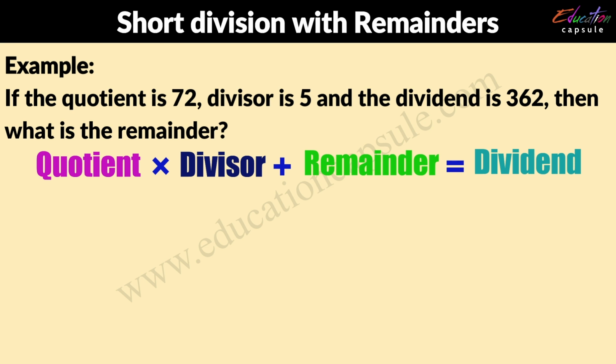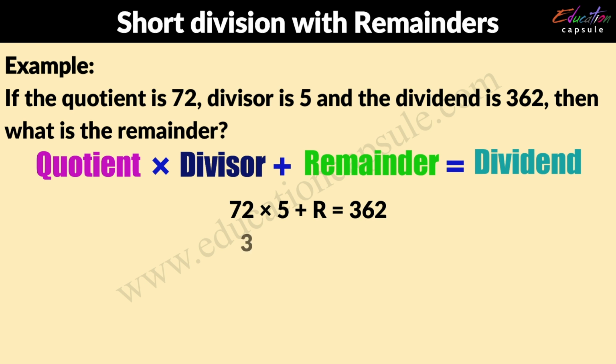Alright, we will try to solve this problem using the division equation, that is quotient times divisor plus remainder is equal to dividend. So 72 times 5 plus r is equal to 362.